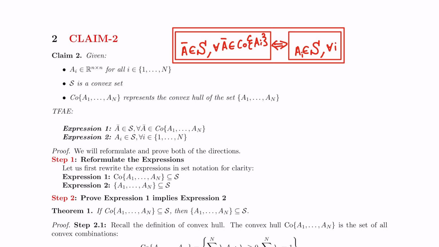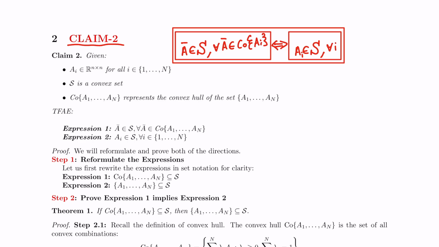Okay, so basically this claim is saying that when you have a given convex set S, and you have n by n matrices A1, A2, dot dot dot, An. Again, this represents the convex hull of those terms. So this represents a set obtained by computing the convex hull of those points.